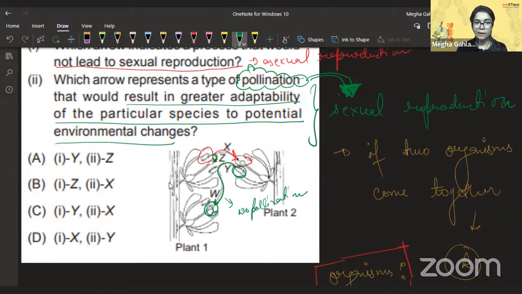And the next is sexual reproduction, which is the X, because the anther is going to one stigma, which shows the pollination here.